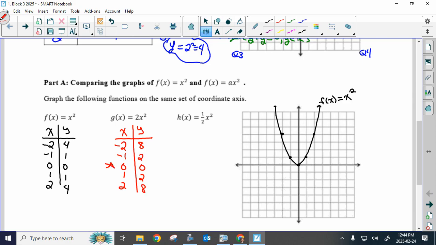And I could see that this y value is my lowest y value. Does this 8 make sense to you?